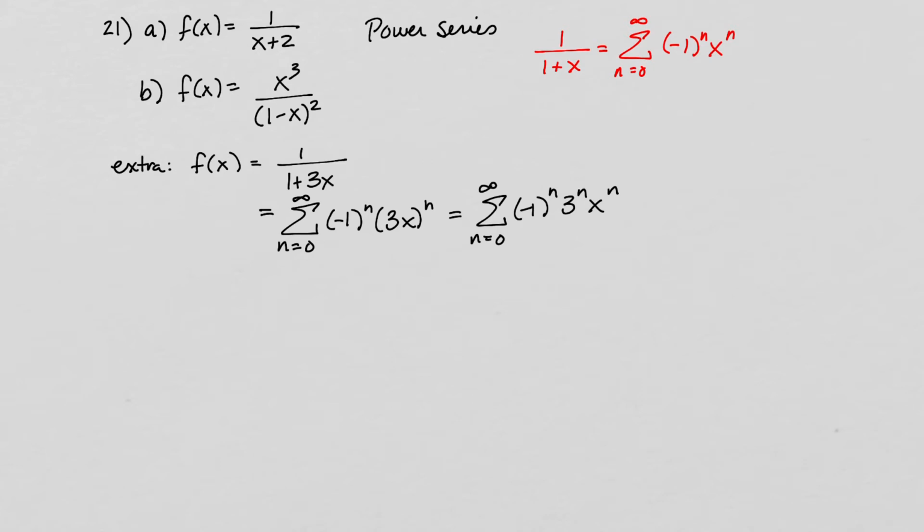Okay. So now if you look at the first one on the review sheet, f of x equals 1 over x plus 2, I want it to be similar. This first one was easy to doctor up because rather than the x, I just had a 3x, so I could just replace x with the 3x. The problem here is that I have a 2 where here I have a 1.